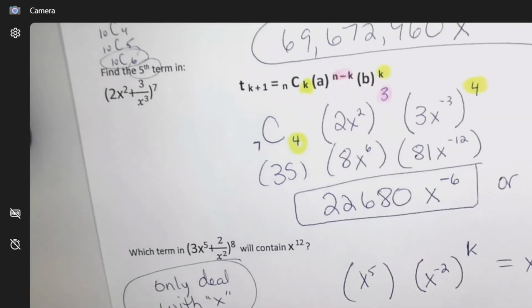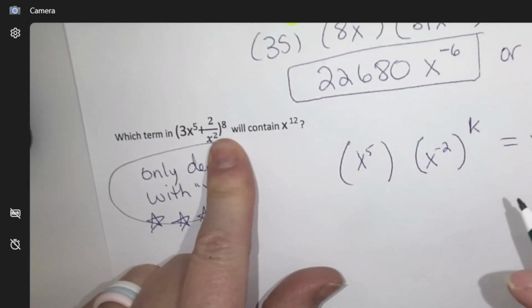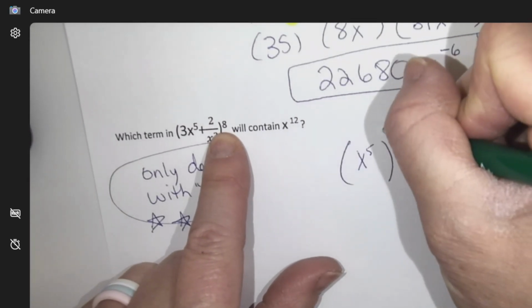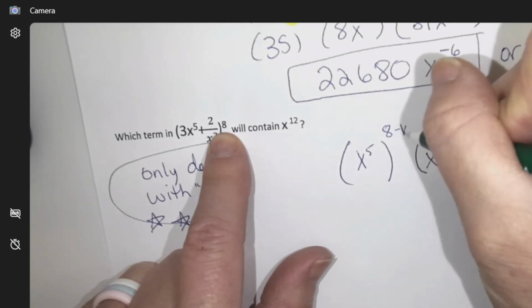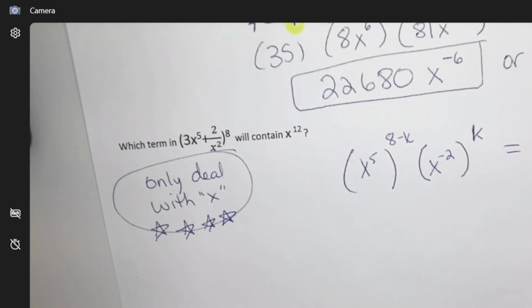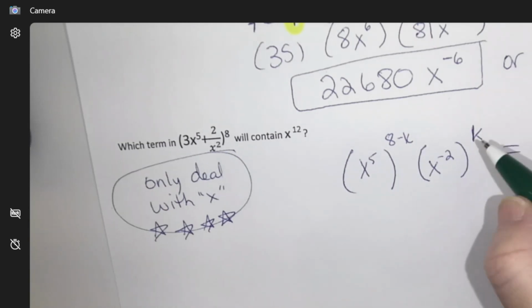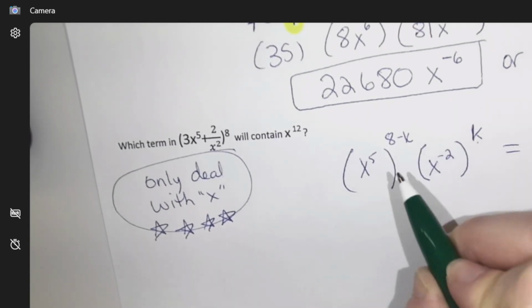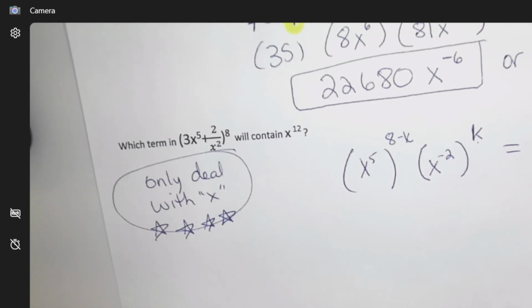We always need the subtraction there. Okay, so in this case, I need to go 8 minus k, because those have to add to 8. That's the subtraction exponent. Okay, this is the choose number, and this is the subtraction of the exponents.